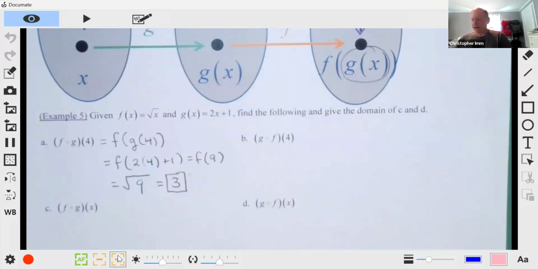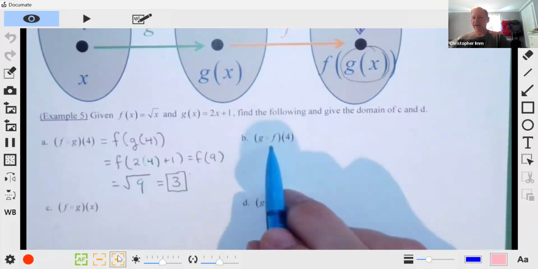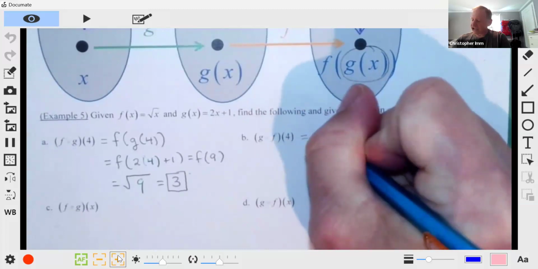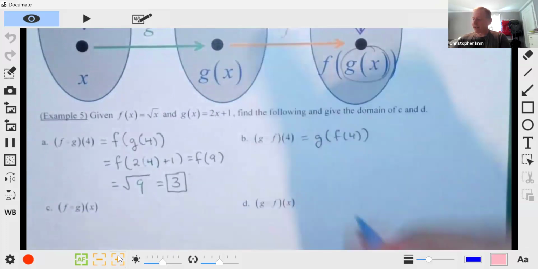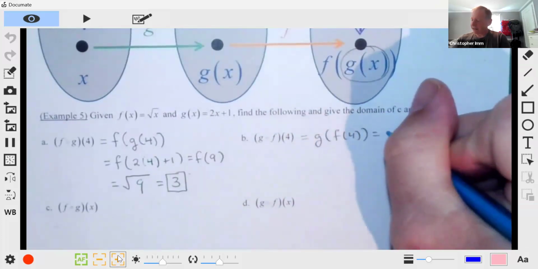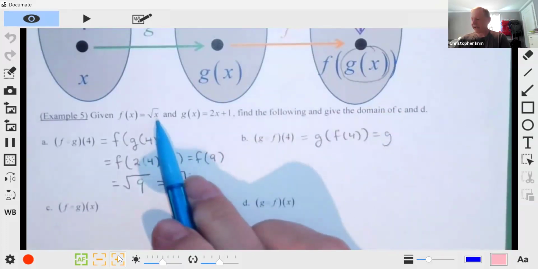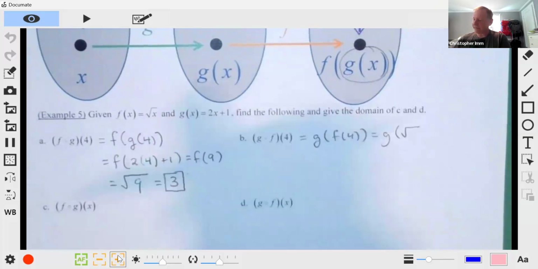Okay, now let's do the other way. So what if I wanted to do g of f of 4? I would rewrite it, g of f of 4, just like this. I'm going to start by computing f of 4. I go to my f function. Wherever I see x, I'm going to plug in 4. So I have g of the square root of 4.